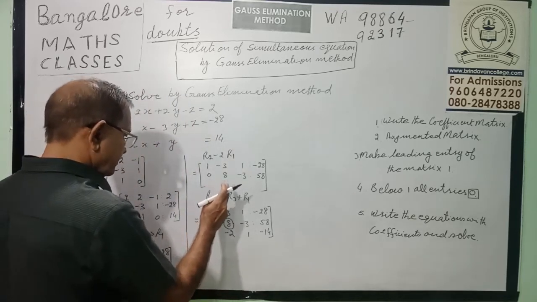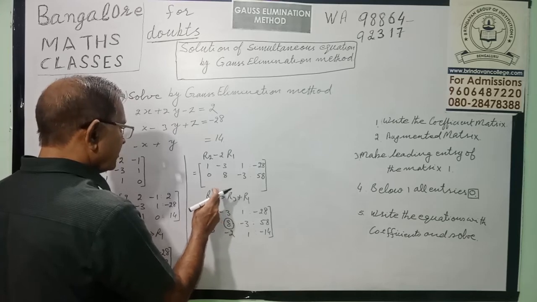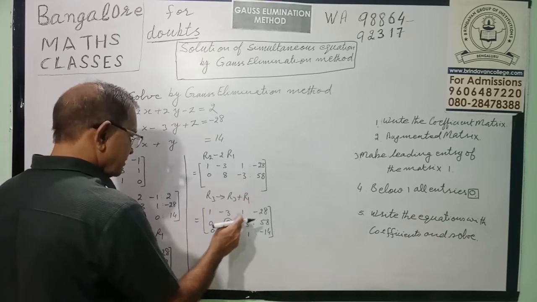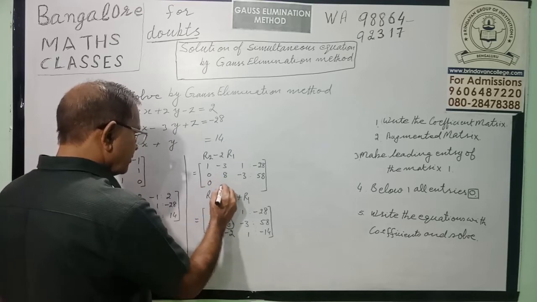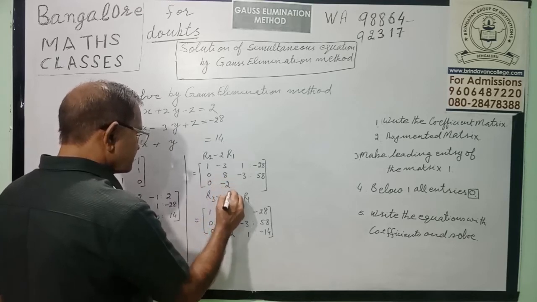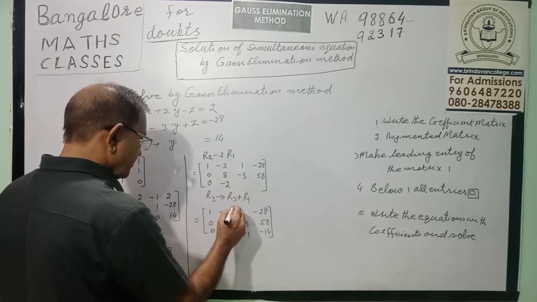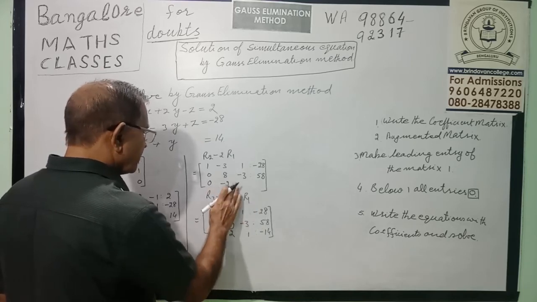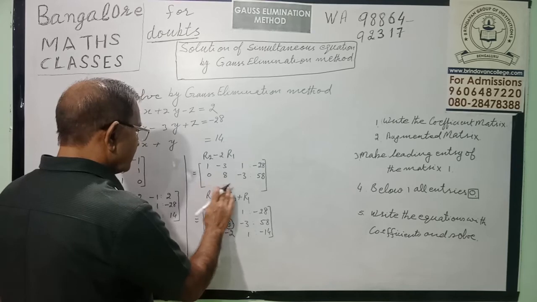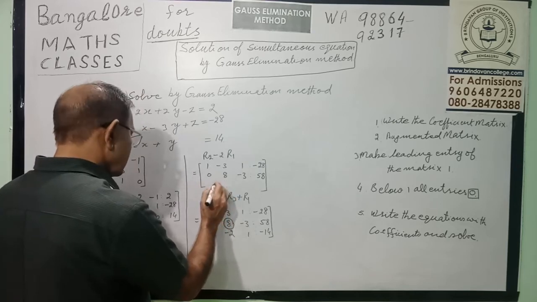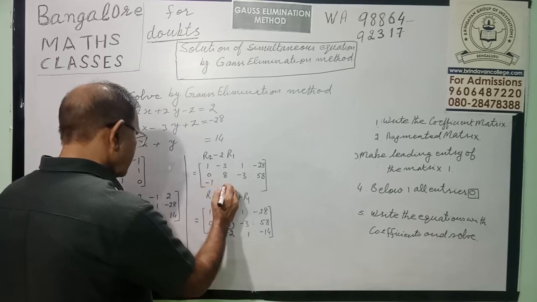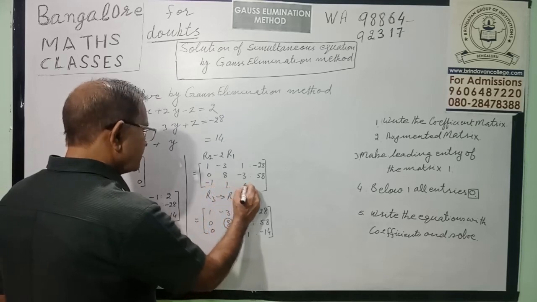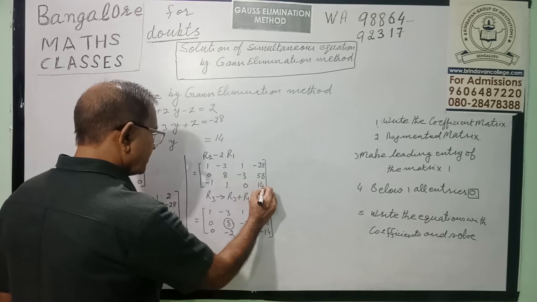Here I think 1 I have not written. It should be over there. That is 0, minus 2, here it should be R3, that is minus 1, 1, 0, 40.